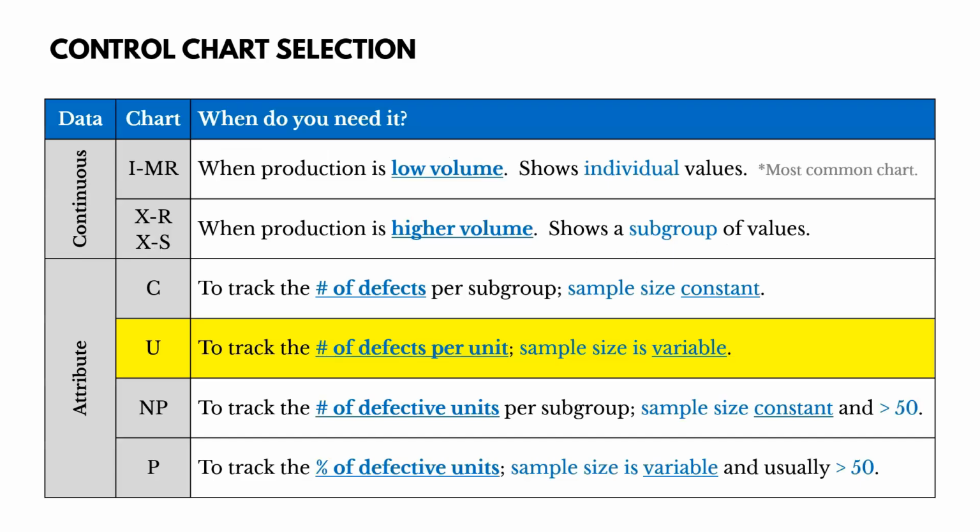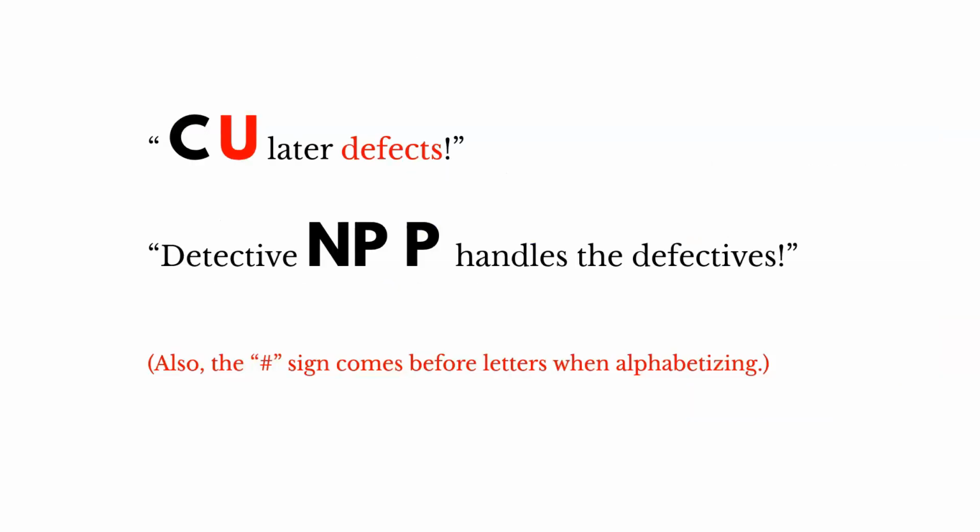So the C is the number of defects, and the U is the number of defects per unit. That may be one way to help you remember the distinction between C and U and NP and P. We've got the defects and the defectives.